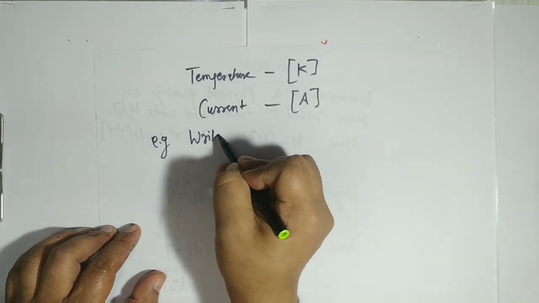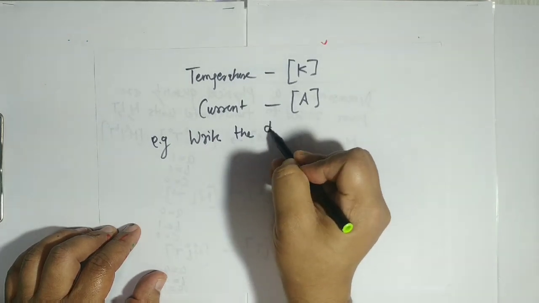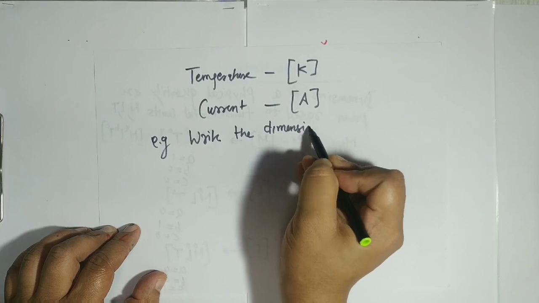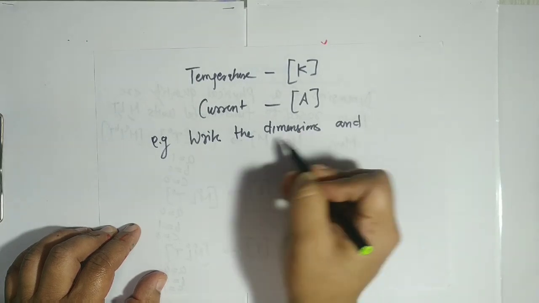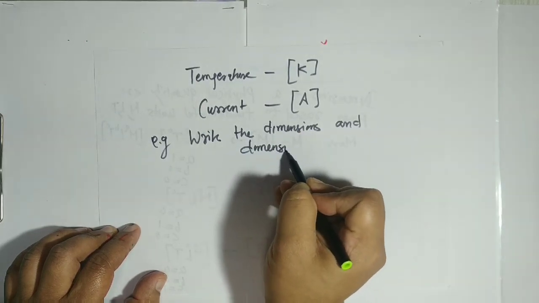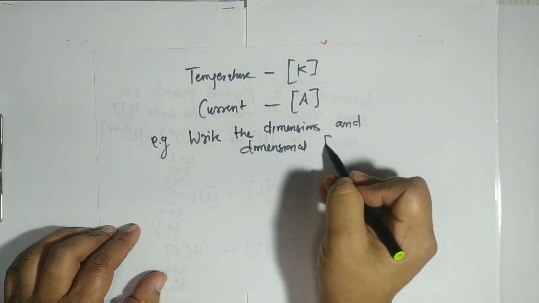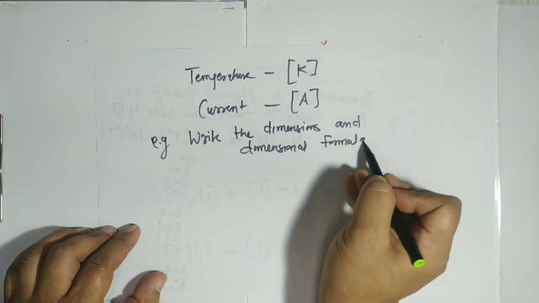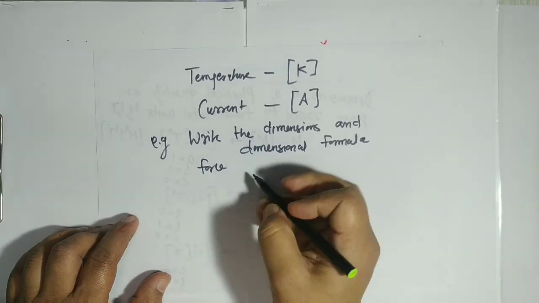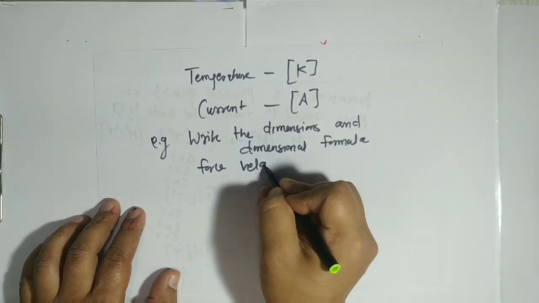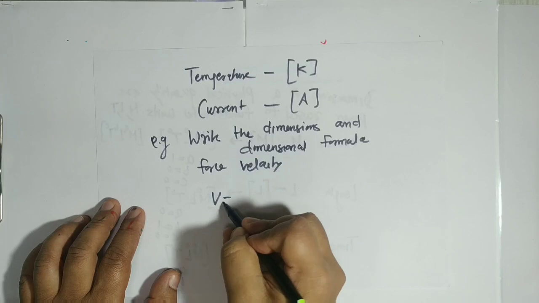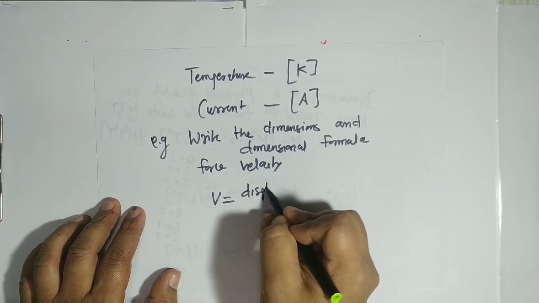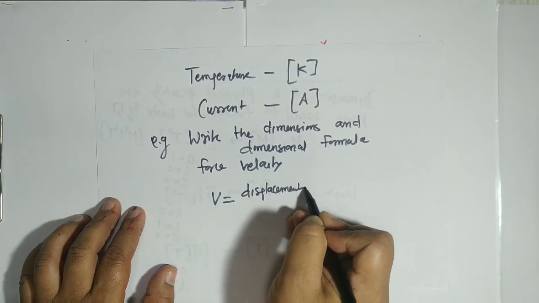Say the question comes: write the dimensions and dimensional formula for, say, velocity. Now very simple. What is velocity? It is displacement upon time.